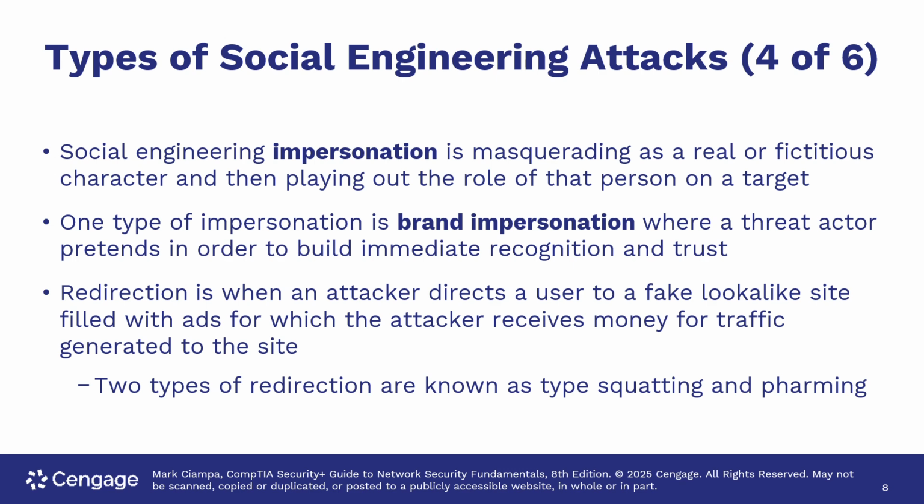The threat actor pretends in order to build immediate recognition and trust. Well, yeah, you trust your bank. Yeah, you trust PayPal. So then what they'll often do is use what's called redirection, when the attacker redirects a user to a fake look-alike site filled with ads or things for which the attacker receives money for traffic generated to that site.